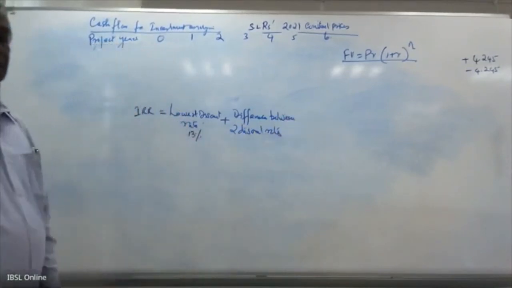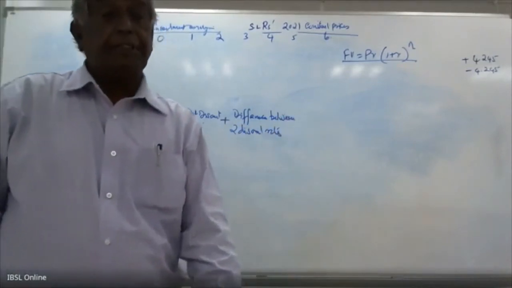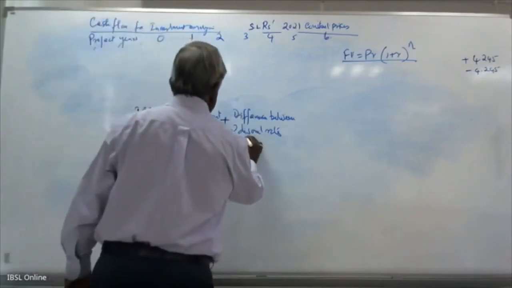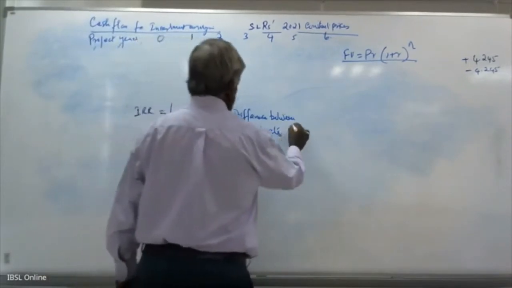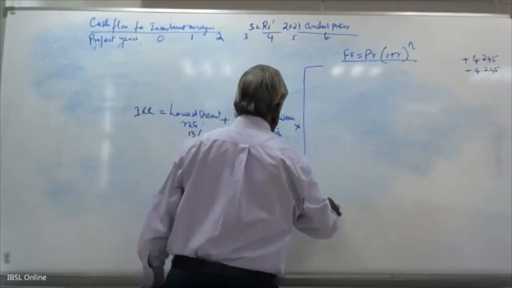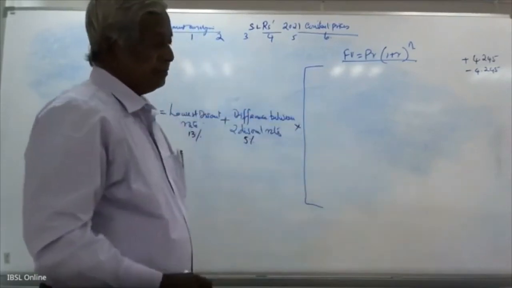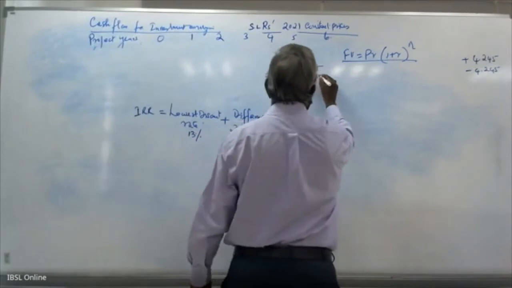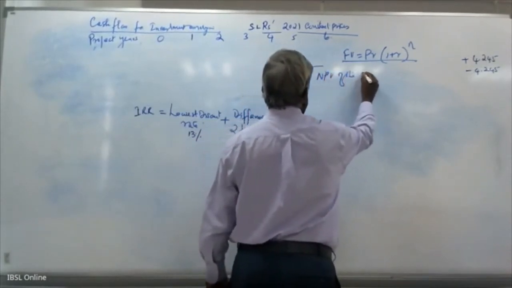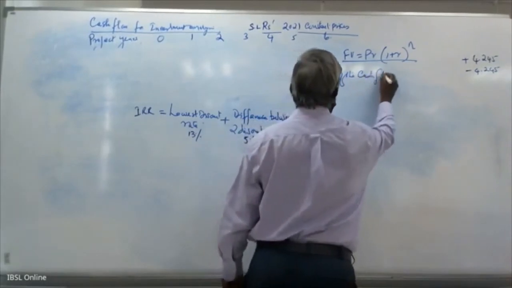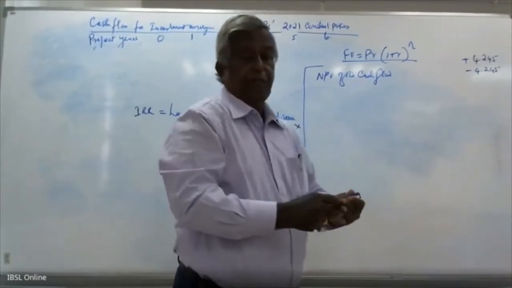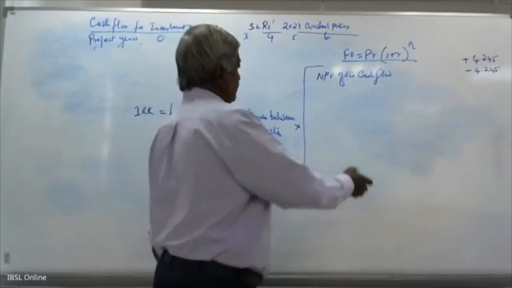In our example, one is 18%, the other is 13%, so the difference is 5%, into bracket, NPV of the cash flow. NPV of the cash flow, that means discounted cash flow. We call it discounted cash flow.